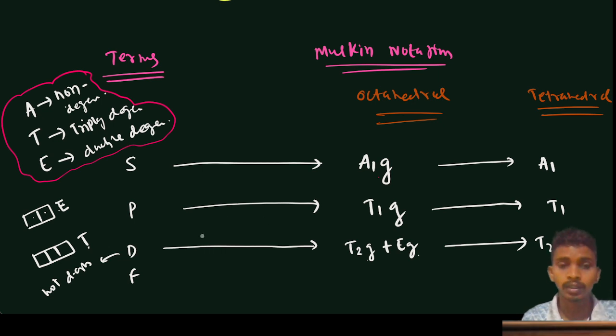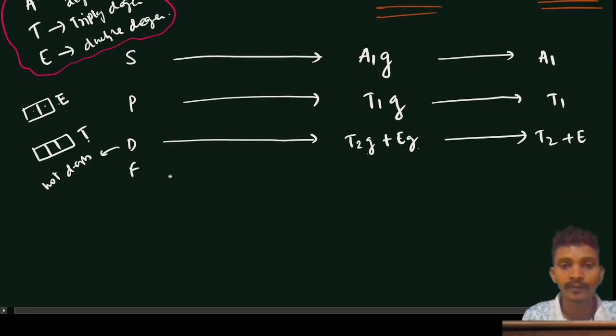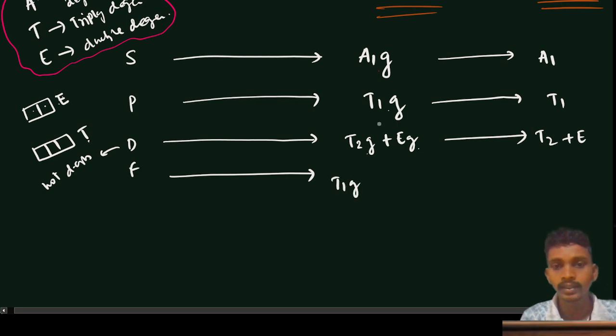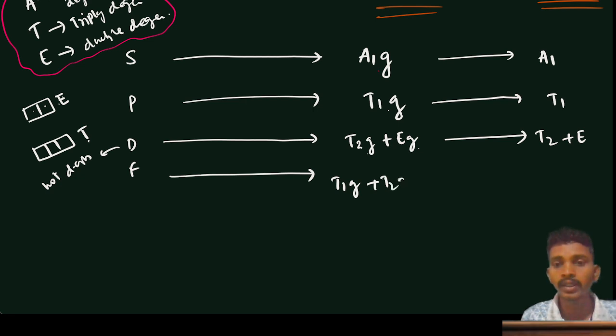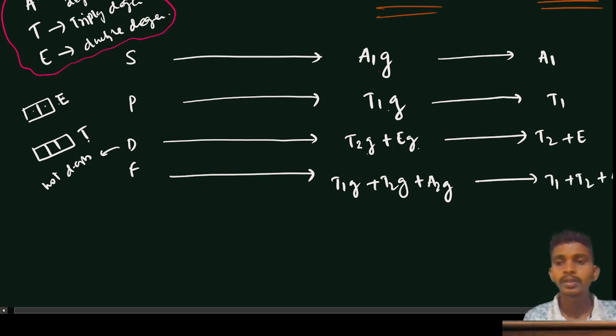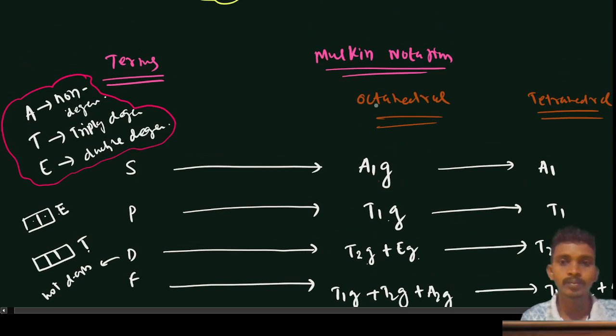Whenever we talk about F, we get T1g plus T2g plus A2g. And for tetrahedral, that is T1 plus T2 plus A2. These are the Mulliken notations for octahedrals and tetrahedrals.